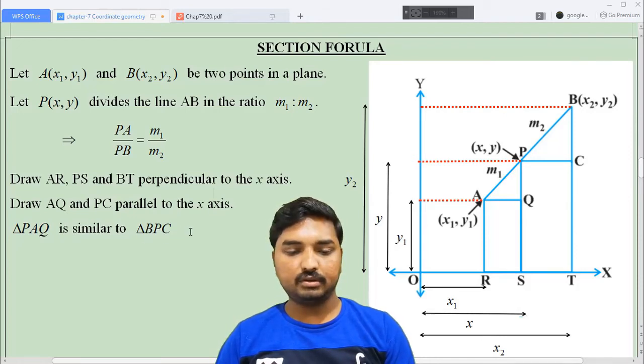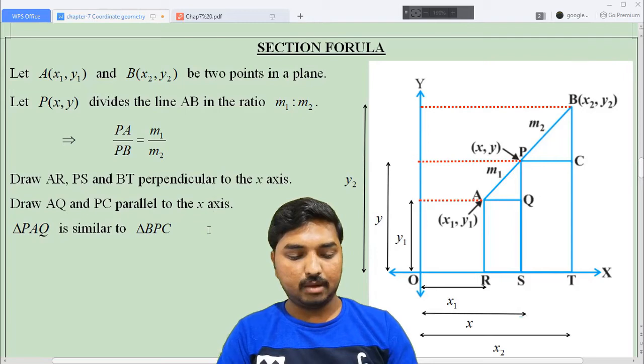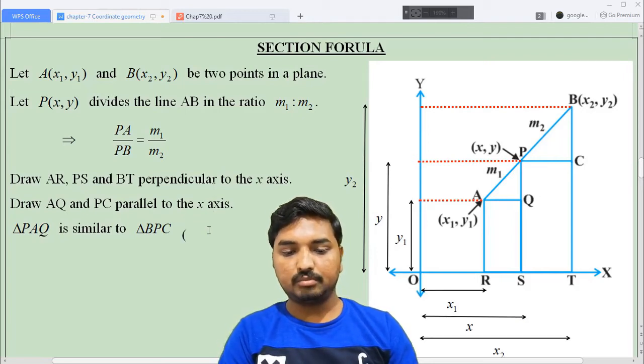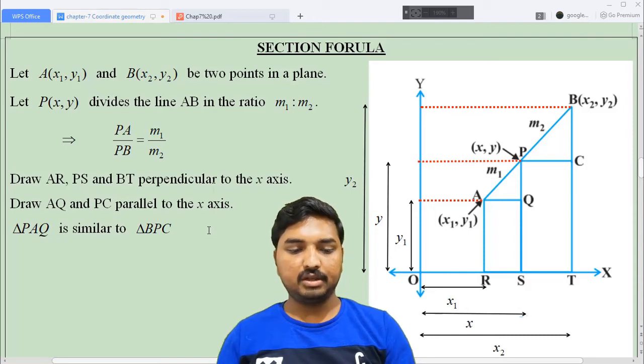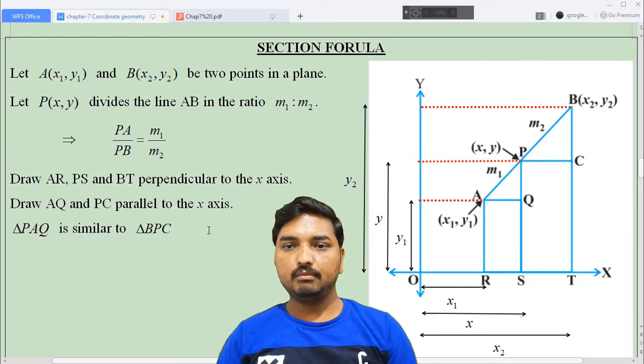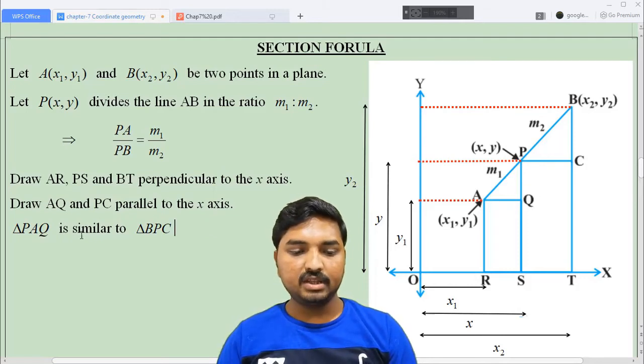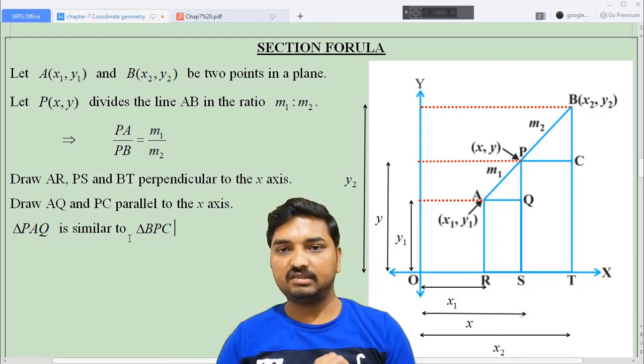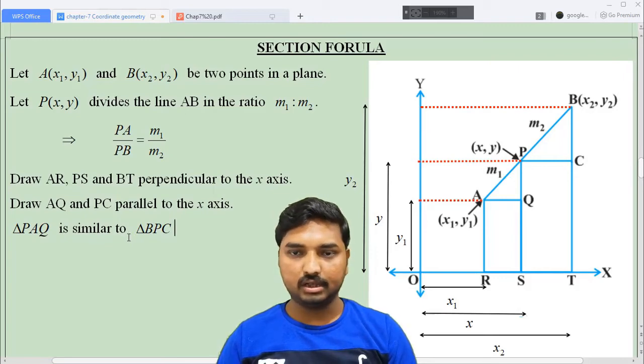Why are they similar? This will appear in the chapter on triangles, I'm going to convey it there. For now just remember that because of AA similarity, these two triangles are similar triangles.